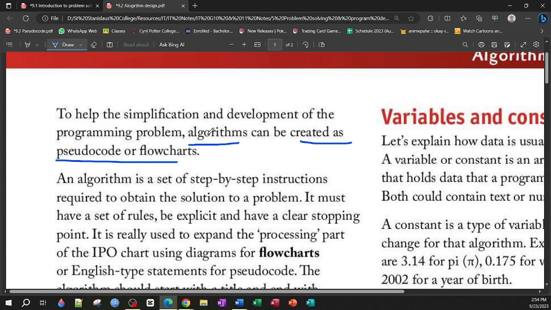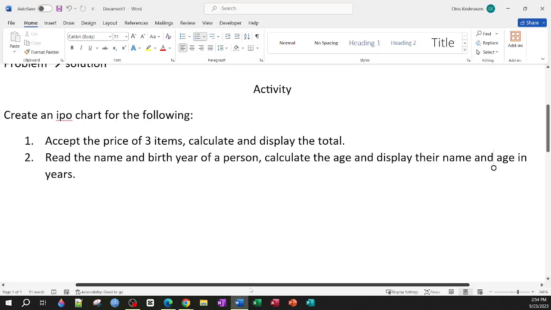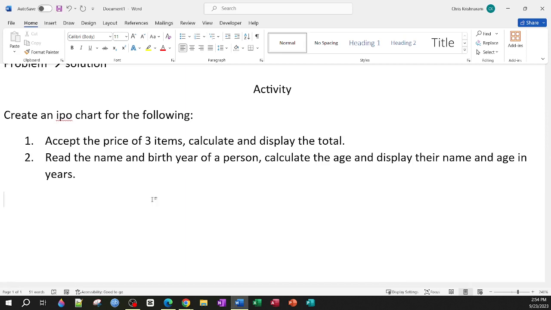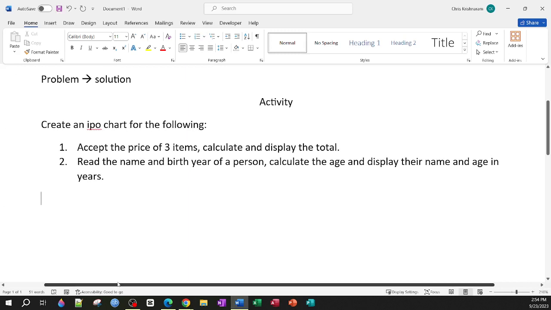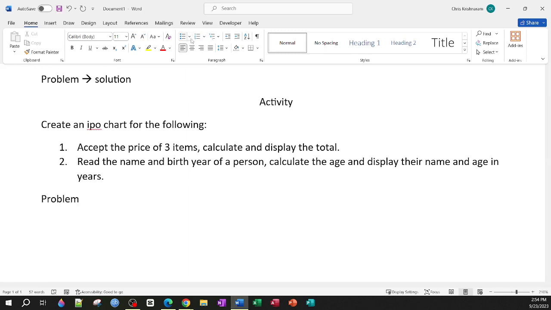If you can remember in the very first class, I would have created an algorithm for you. I would have typed something like this here. I said problem, and then step one.